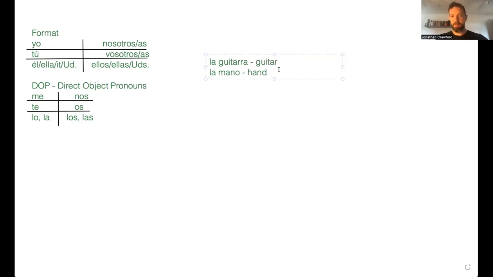What about el agua? Now, there's not a lot of these, but there are some of them. Here's the thing with agua.